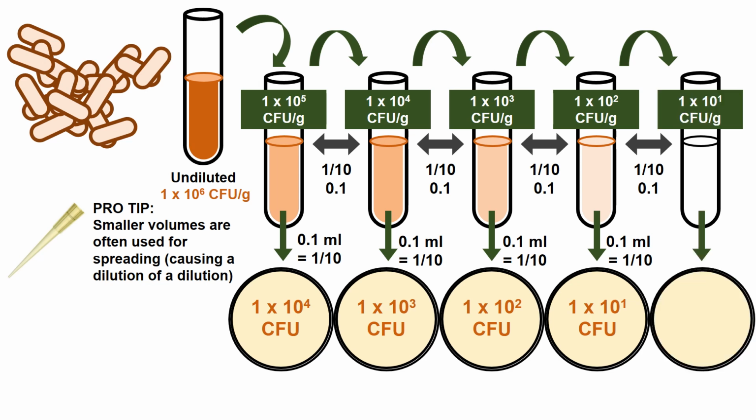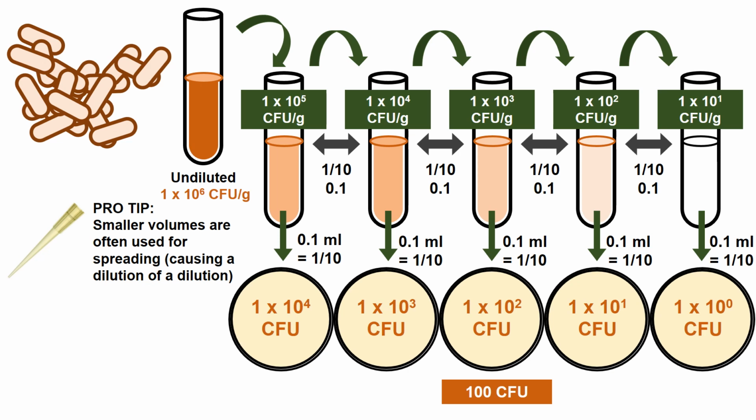But in this case, if we're doing 100 microliters from each tube, this ends up being 1 colony. So our countable range from left to right is slightly different. In fact, it's different by powers of 10. Okay? So this is the 10 to the 3rd tube producing 100 CFU.